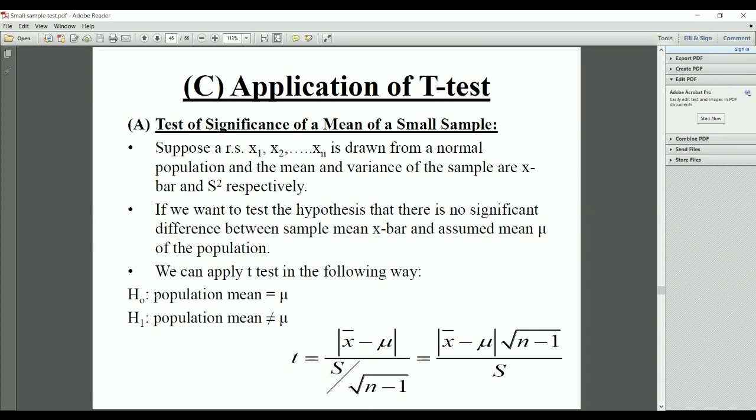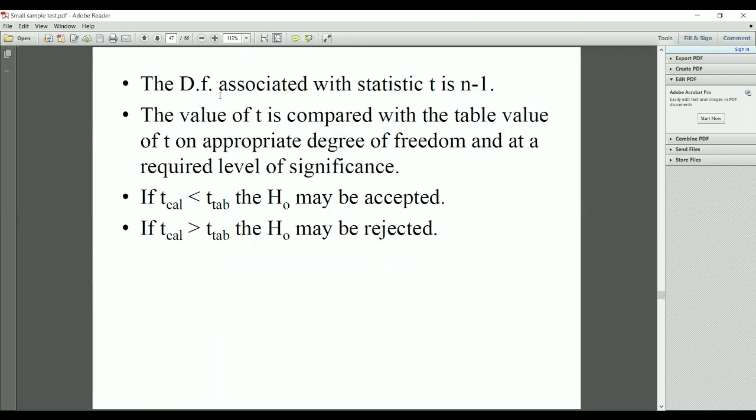H naught: population mean is equal to mu, and the alternative: population mean is not equal to mu. This is the formula for the t distribution: x bar minus mu upon s divided by root of n minus 1. The degrees of freedom associated with the statistic t is n minus 1.